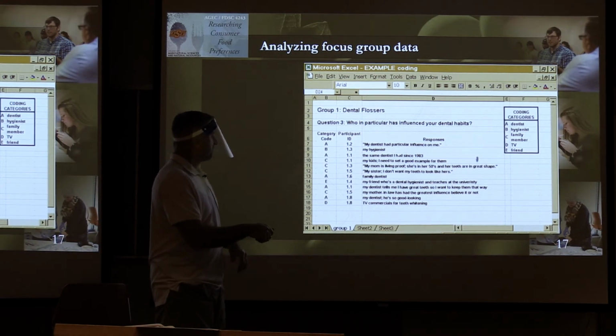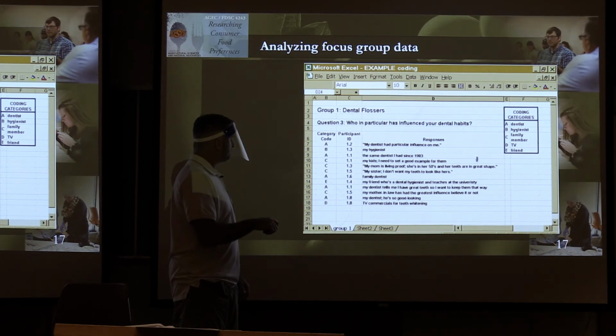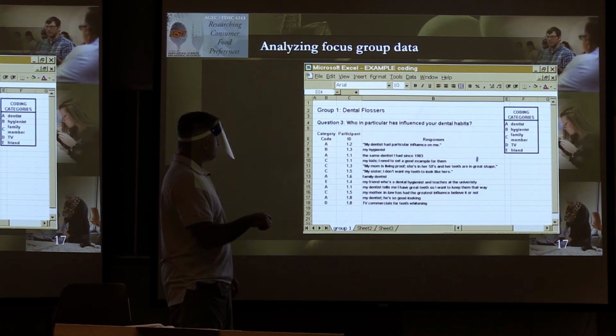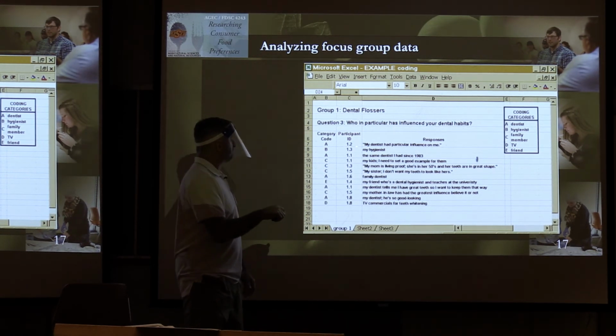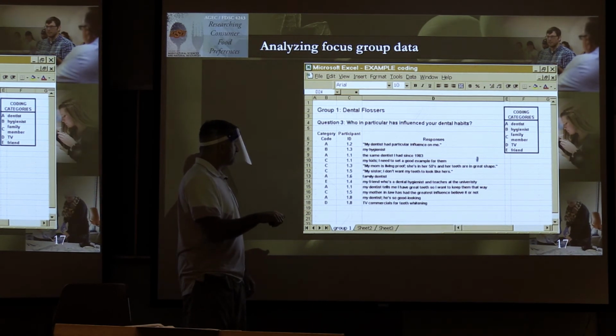Well, here they did this focus group, and some people said my dentist had a particular influence on me, my hygienist, the same dentist I've had since 1983, my kids, I need to set a good example. And so what they did, they had a category code. Notice that one person said, my dentist had a particular influence on me. Another person said, family dentist.